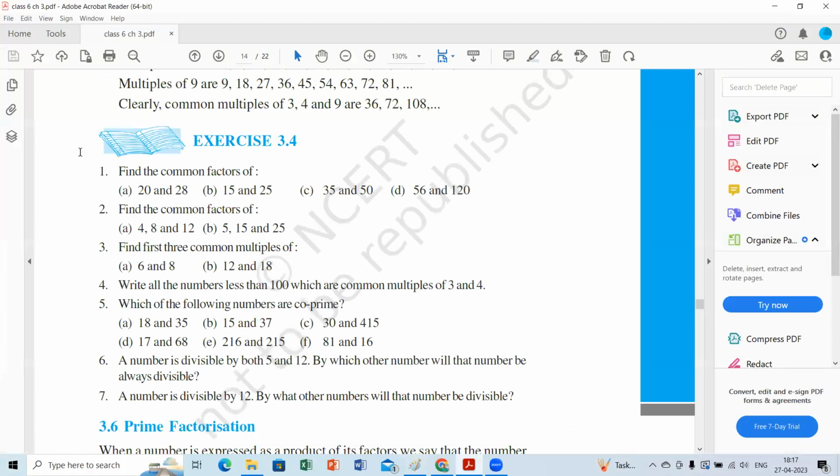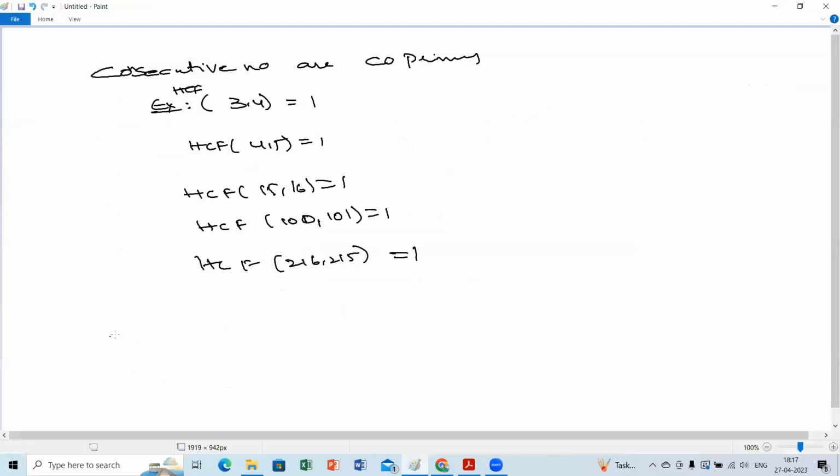Now 81 and 16. Who did not get it? Advika, Sri Tej, Aishwarya, Advika. Adrit was done. Soumya, okay. Advika, are 81 and 16 co-primes or not? No, ma'am.